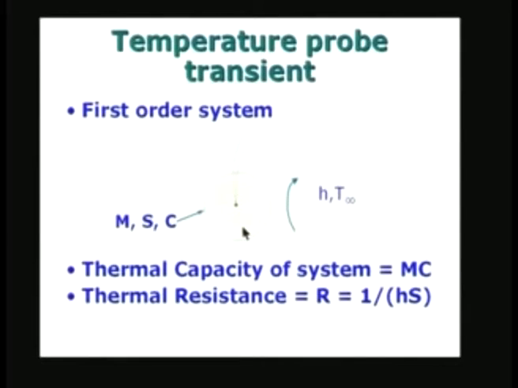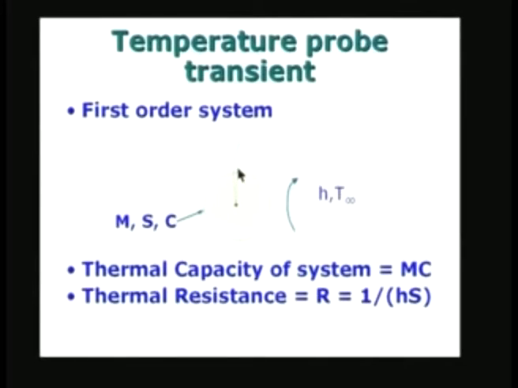I have a sensor idealized as a spherical object here. It may be visualized as a spherical shell, and I have introduced a thermometer or a temperature sensor somewhere in the shell, and because we are assuming that the shell is entirely at a uniform temperature at any given time, there is no variation of temperature within the shell, the thermocouple position in the shell is of no significance.